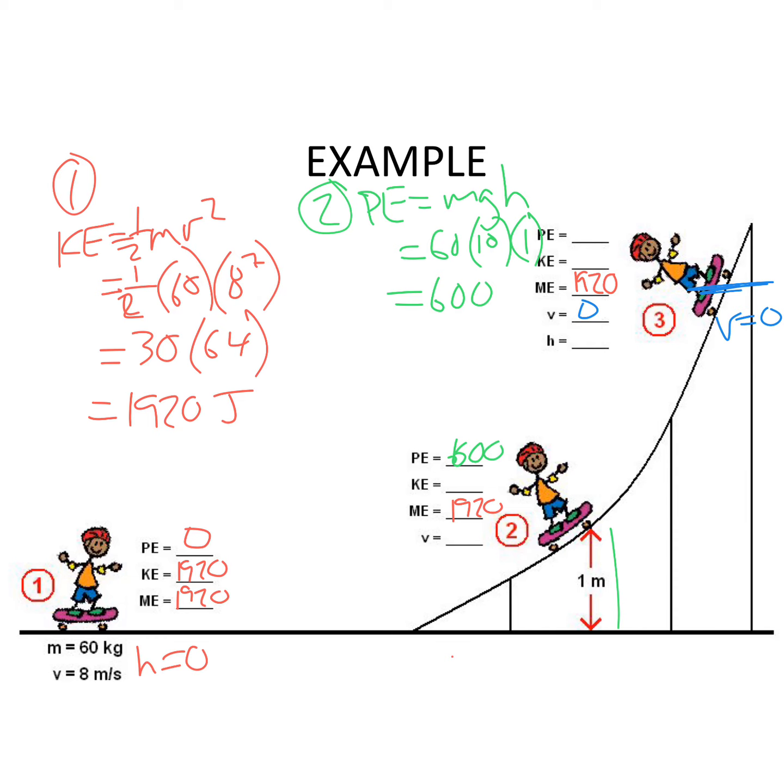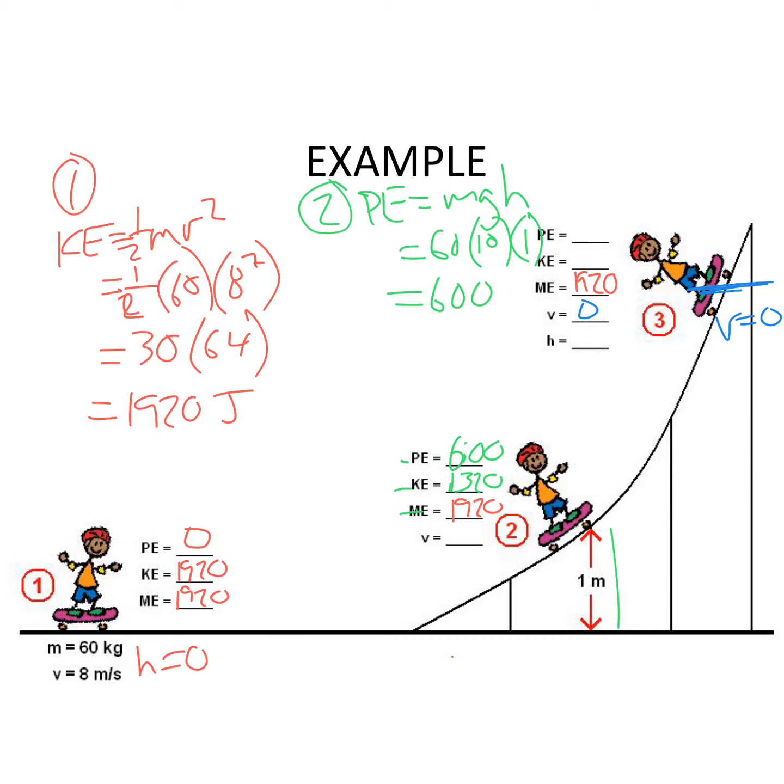Okay. Then what I know right away, because I know potential and kinetic equals mechanical, is that this is 1,320, right? Because 600 plus 1,320 equals 1,920, right? So it's my potential plus kinetic gives me my mechanical.